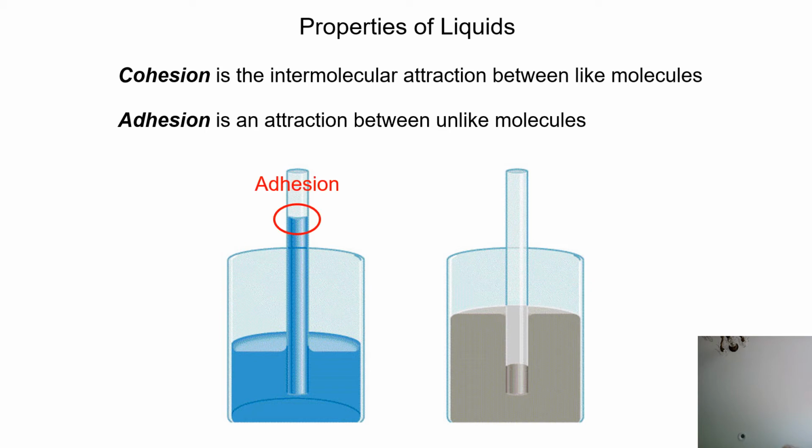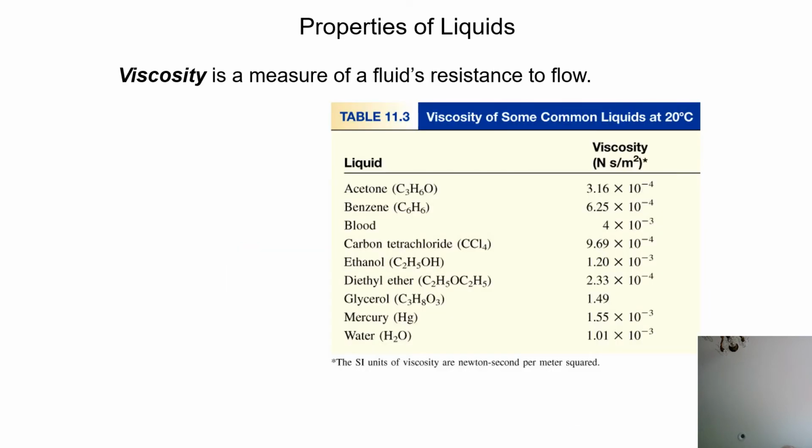I think that wraps up that discussion, but, oh, no, not quite. One more, viscosity. This is a measure of a fluid's or liquid's resistance to flow. There are some demos of this, and you're also going to be watching some races between liquids in your lab activity.